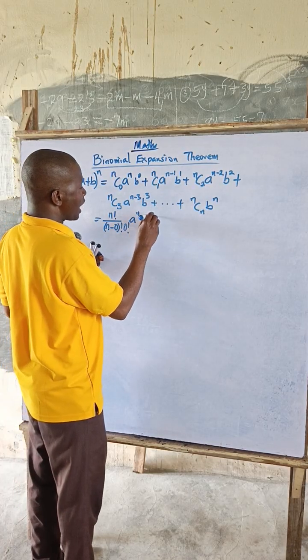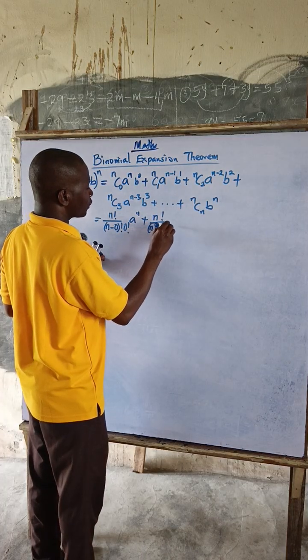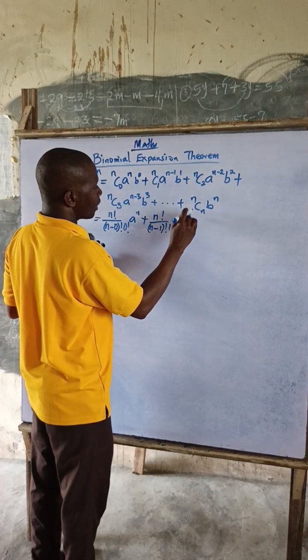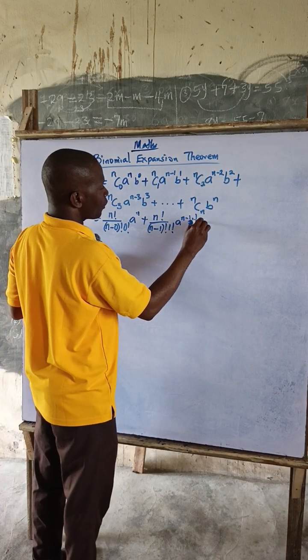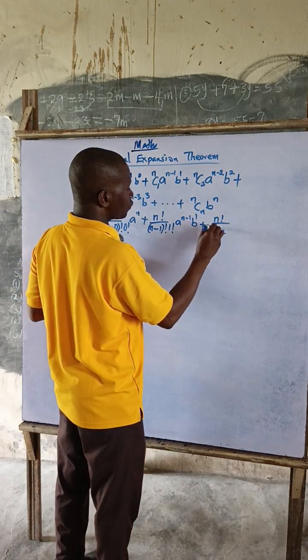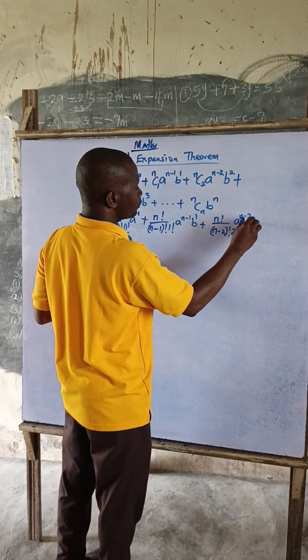Then we have plus n factorial divided by (n minus 1) factorial, 1 factorial. Then a raised to power n minus 1, b raised to power 1. Then plus n factorial divided by (n minus 2) factorial, 2 factorial, a raised to power n minus 2, b raised to power 2.